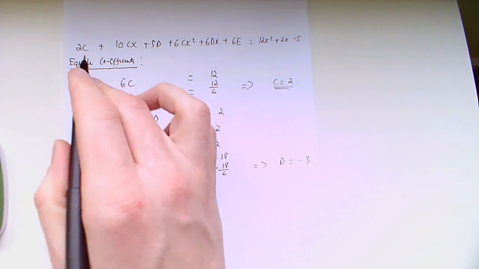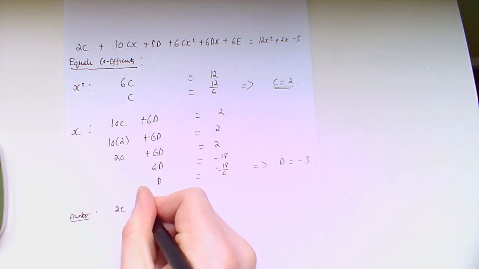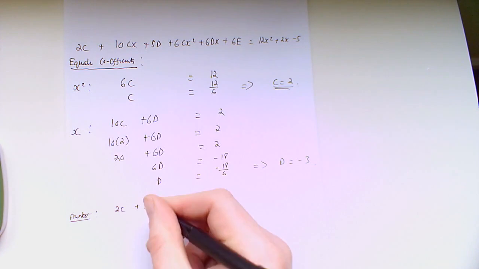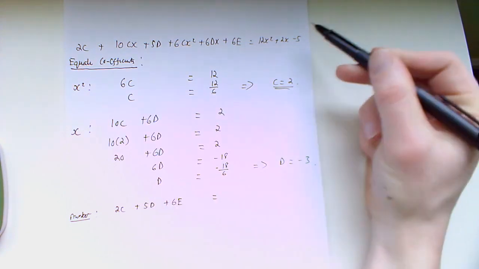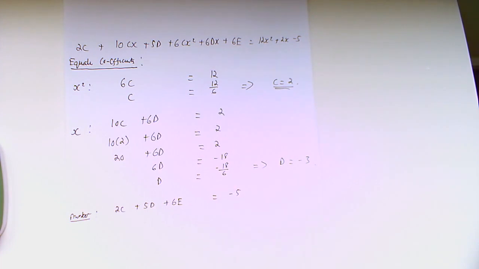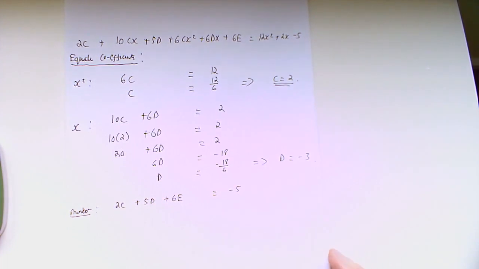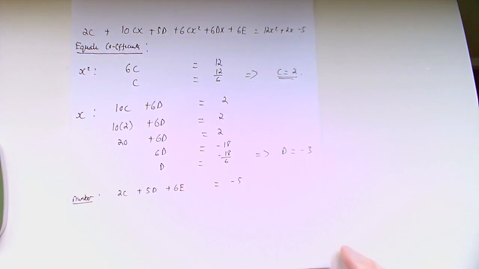If I look at the left hand side of my equation, I get 2c plus 5d plus 6e, and that is equal to negative 5. So terms that do not have a letter in them, because we've worked out our x squareds and our x's, and now we just look at our constant terms.